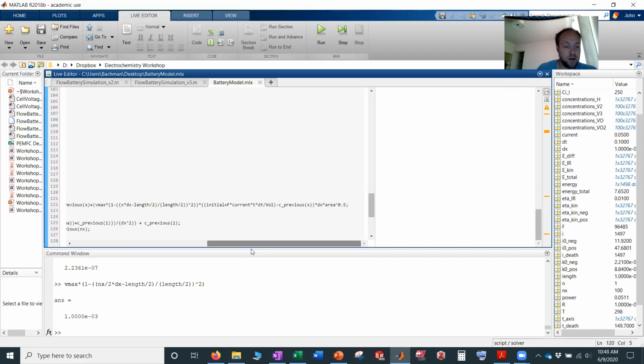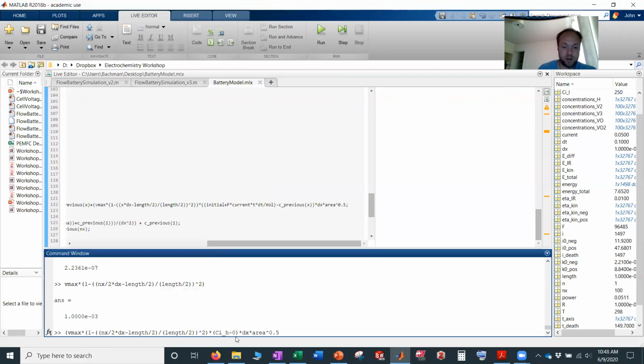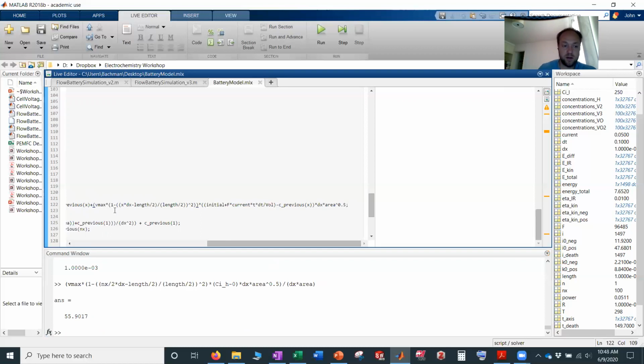That's probably the reason why, now that I think about it. So what do we take this whole thing times? Sorry that I'm winging some of this stuff. So this whole thing should probably be divided by dx times area. There we go. It needs to be on a per volume basis. It's a concentration divided by dx times area.